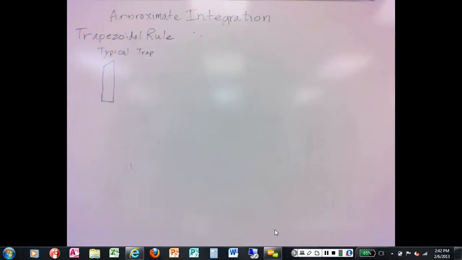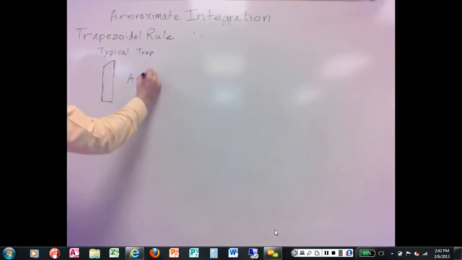Remember, to be a trapezoid, it has what? Parallel sides. So yeah, we've got a trapezoid here, a vertical one, if you will. Now, let's review. What about the area of a trapezoid? The area of a trapezoid is 1/2.